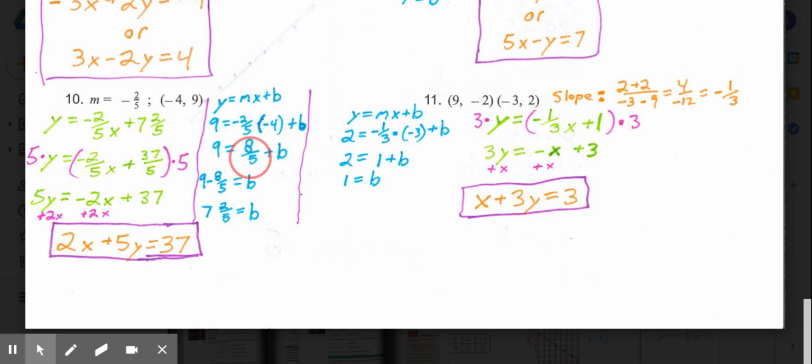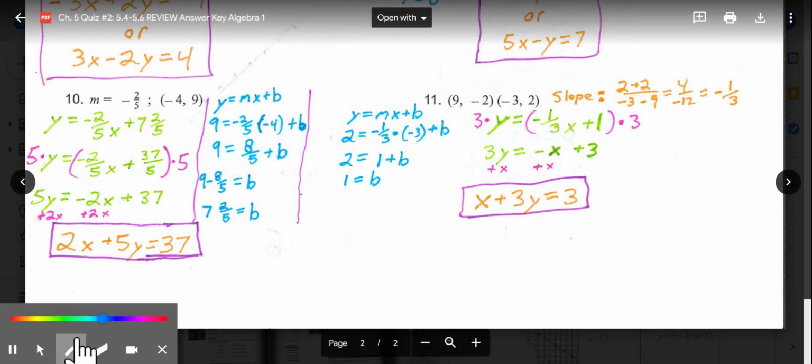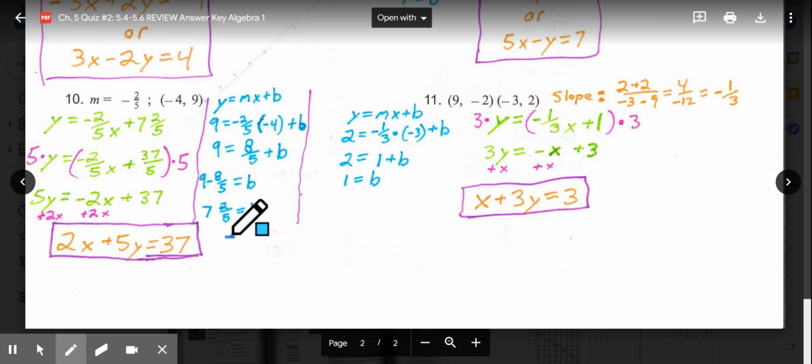So 9 minus 8/5 will equal b, which is 7 2/5. Or, which I'd write as the improper fraction, 37 over 5. So 7 2/5 is the same thing as 37 over 5. 5 times 7 is 35 plus 2 on top.